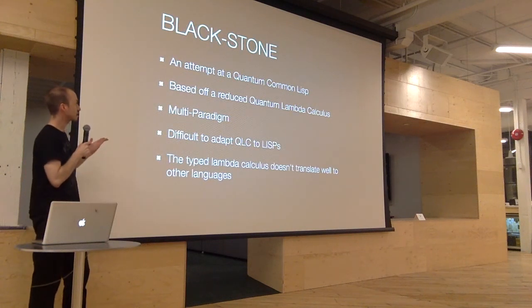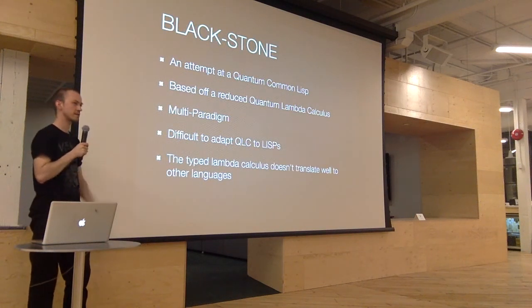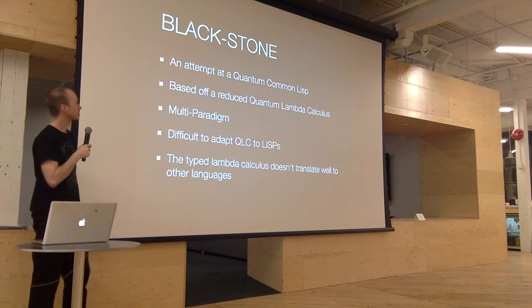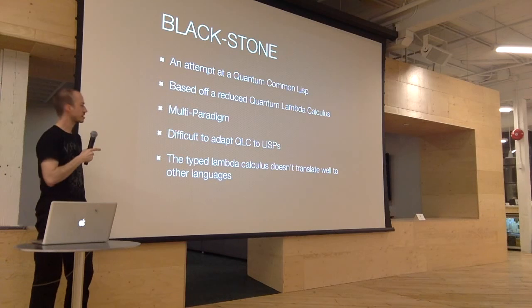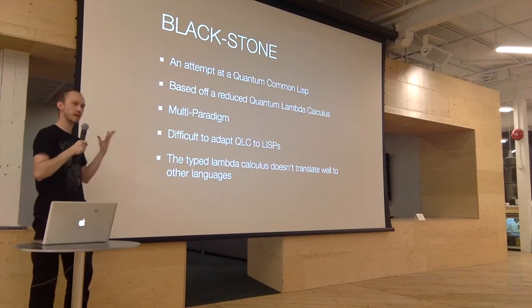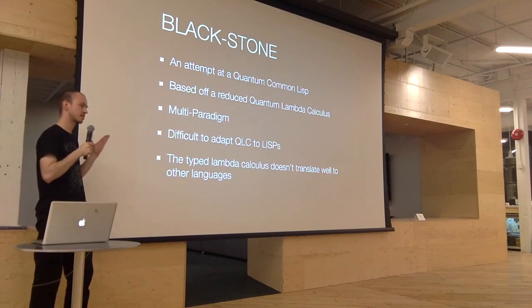So my project, Blackstone, is an attempt at a quantum Common Lisp. And again, it was based off his earlier work as I started it, before he got heavily into the type theory and the other aspects of category theory.